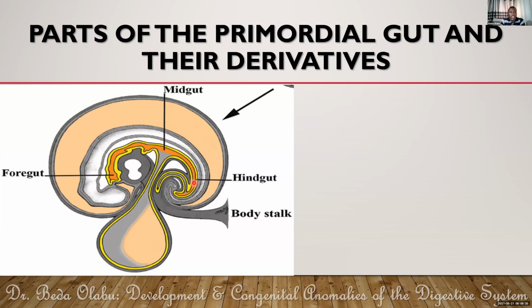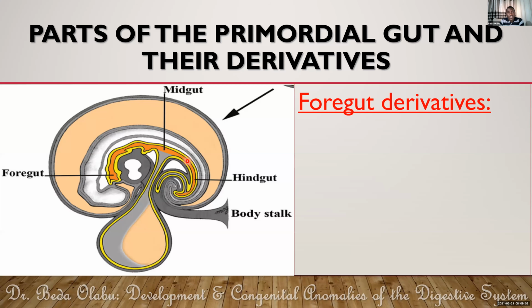Of importance is that the hindgut also has connection with the allantois. The connection of the hindgut with the allantois is known as the cloaca. So remember that there are 3 segments of the primordial gut: foregut, midgut, and hindgut.